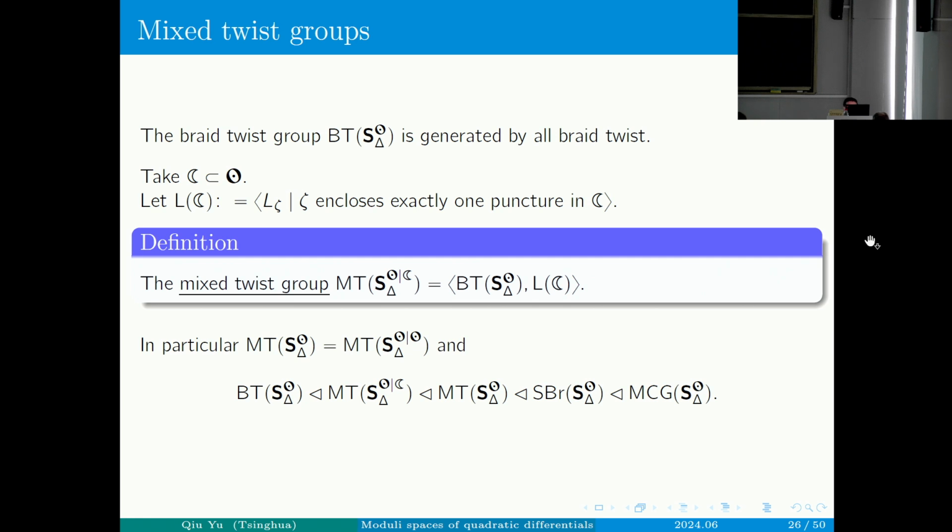Depending on how many punctures you allow to collide, or depending on the partition, you can make many intermediate groups between the smallest one, the braid twist group, and the biggest one, the mixed twist group. So there are many things in between. All of them are normal subgroups of the surface braid group.